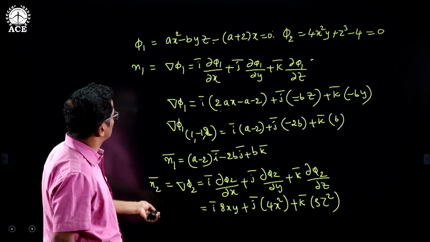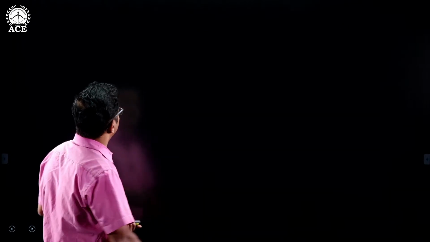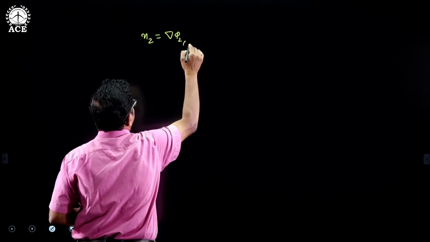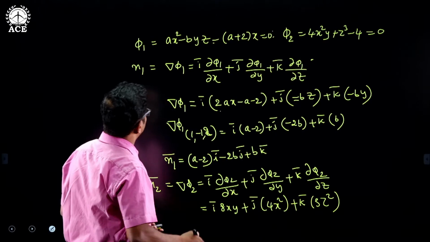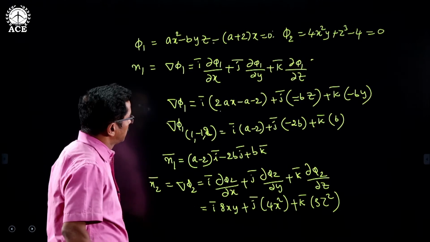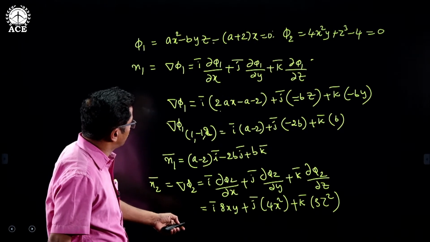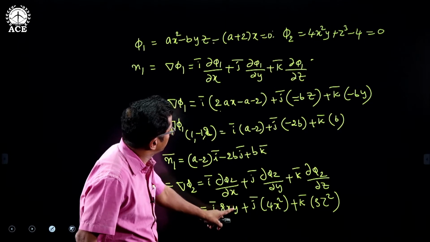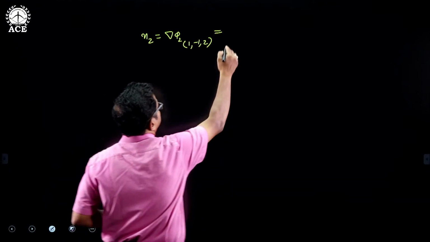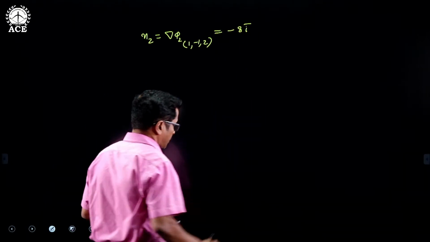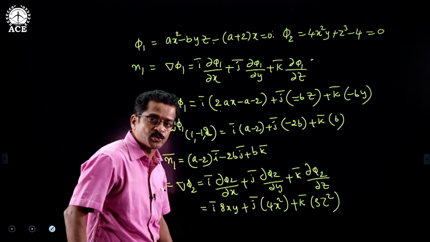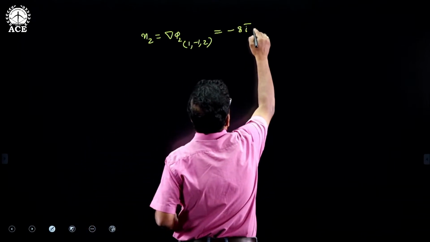Now I am going to evaluate n2 at the point. Now n2 equals del phi 2 at the point 1, minus 1, 2. Okay, now I substitute 1, minus 1, 2. Minus 1 into 8, minus 8 i bar, plus 4 into 1 square, that is 4, plus 4 j bar.